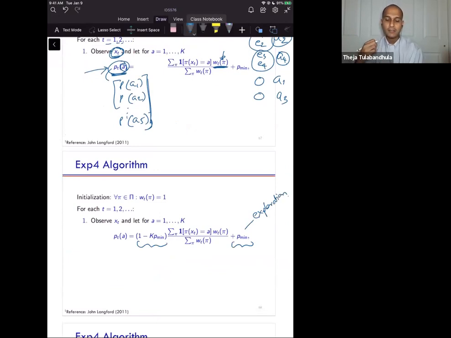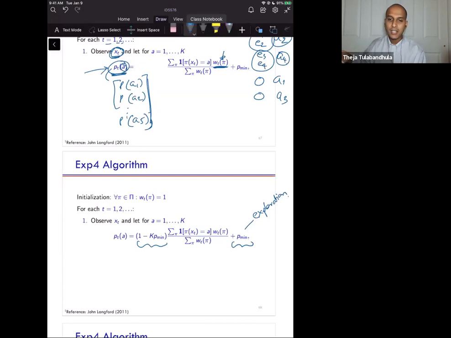So there are some arms whose weights could be low, but that's because you have not tried them at all. So you should always try arms with at least some probability. Because if you don't try some things and you keep greedily only playing those arms which have high weights, you may be in a local optima, because there could be some arm which you tried only once and the weight was low for some unlucky reason.